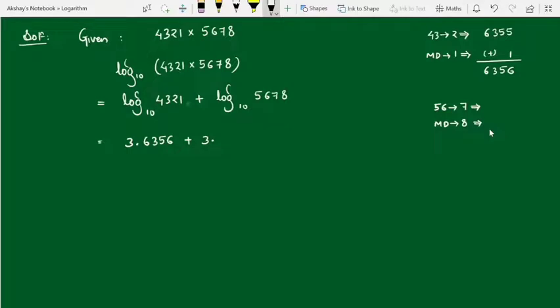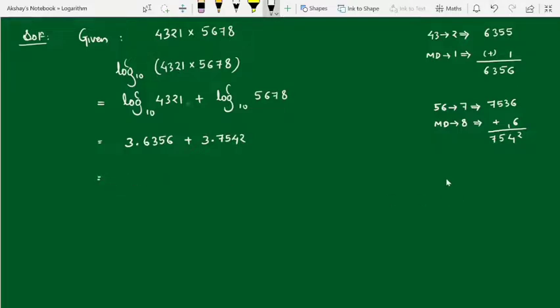So 56 under 7, I am getting 7536. Plus the mean difference value for that 8, I am getting 6. So 6 plus 6, 6 2s are 12, 3 plus 1, 4, 5 as it is, 7 as it is, so 7, 5, 4, 2.